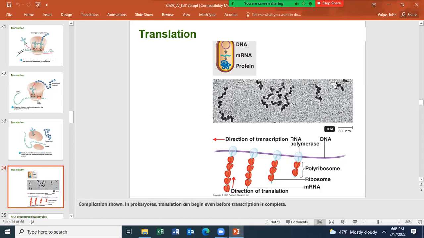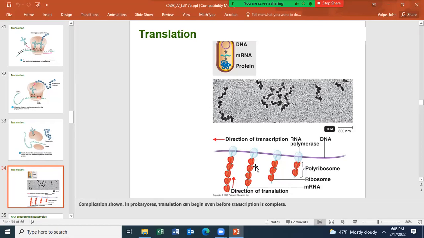And then in prokaryotes, it's even more complicated because this process of transcription is occurring in the cytoplasm of the cell. And here you can see a prokaryote where here's the DNA and the messenger RNA is being made.